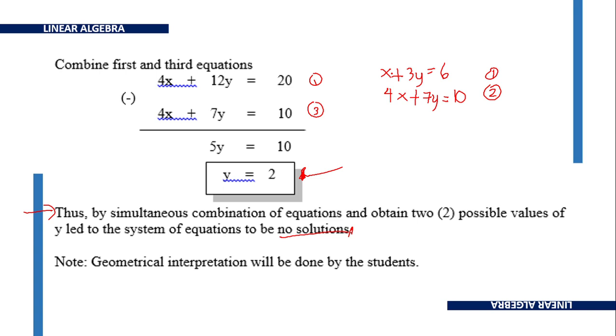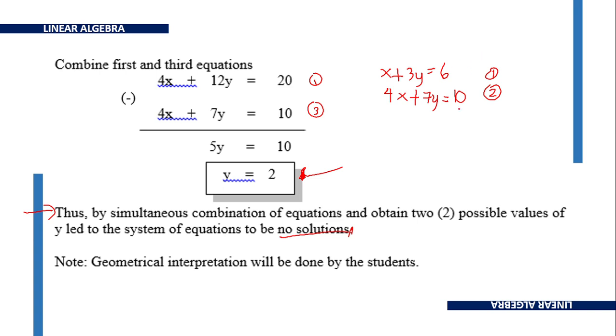Kasi guys, yung mga value ng variables na nakukuha natin, we can substitute it sa lahat ng equation, so dapat masatisfy niya yun. Okay? So, since dito, dalawa yung value ng ating variable y, which is example siya ng no solution, sinasatisfy niya yung pagiging no solution ng ating system of equations.